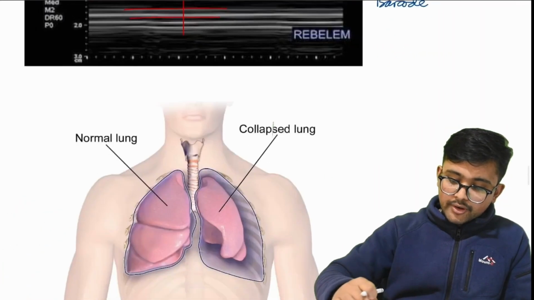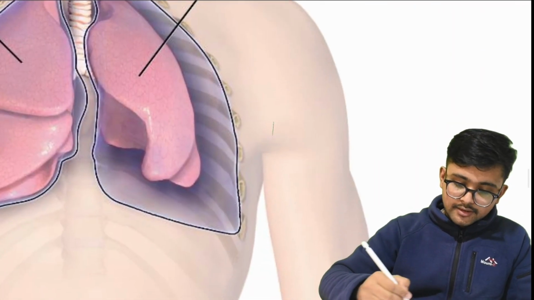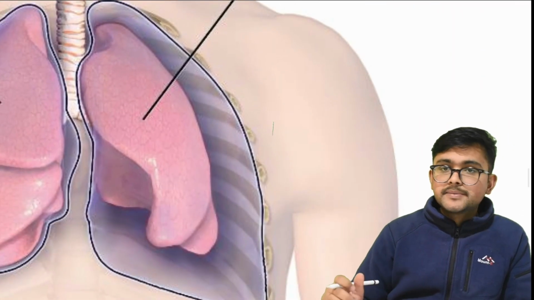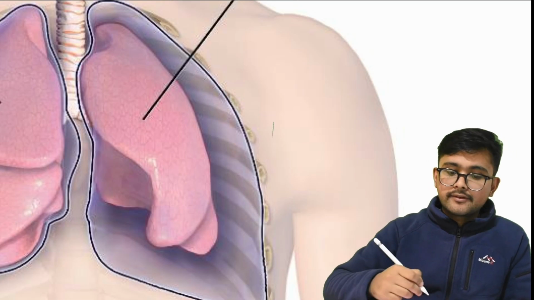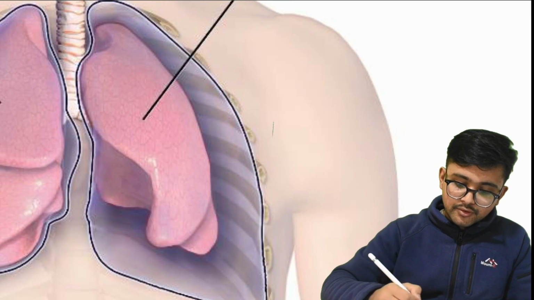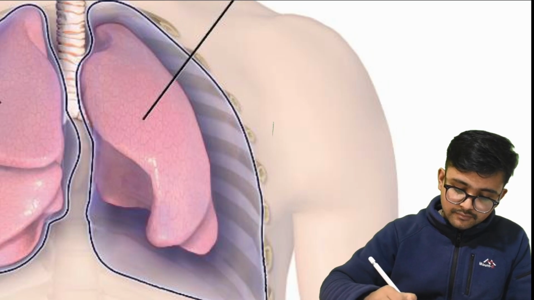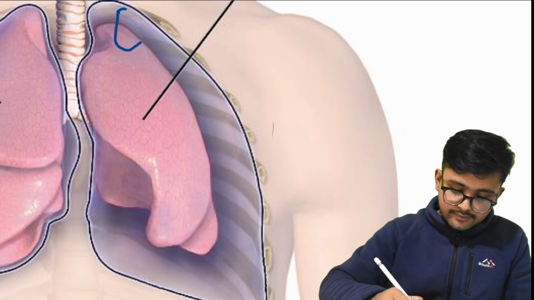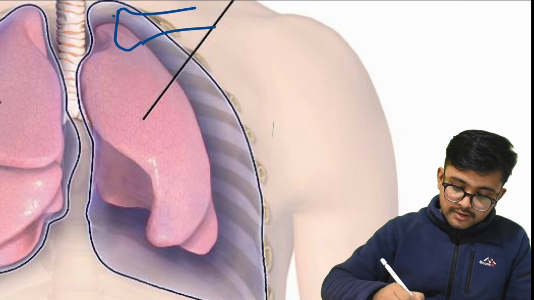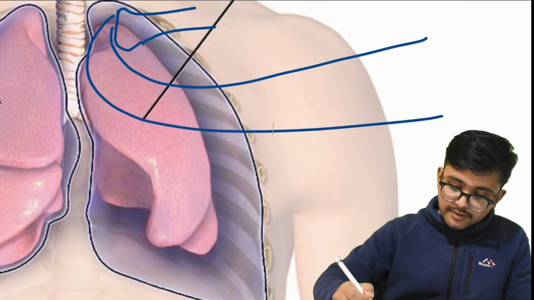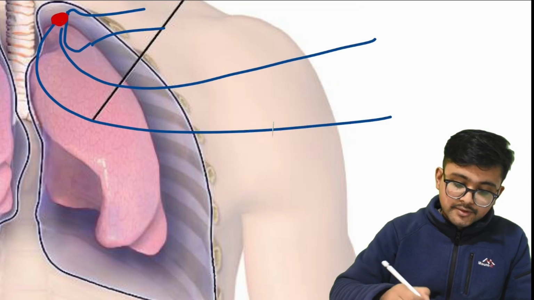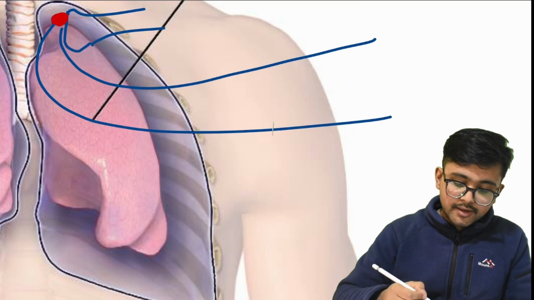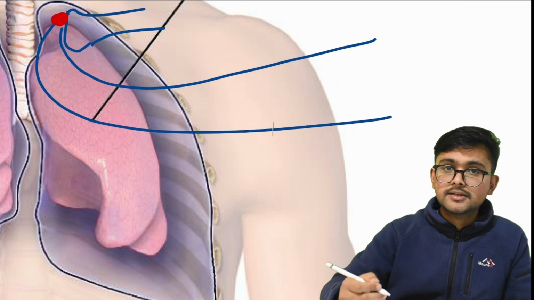But one more thing that I would like you to consider here is, sometimes in pneumothorax, the pneumothorax is not large enough to occupy all of the thoracic cavity. So let's say when you're examining the patient, you have a probe placed right here. When you take the M mode picture of this area, there would be absent lung sliding in this area because there's no lung there, there's basically just air.